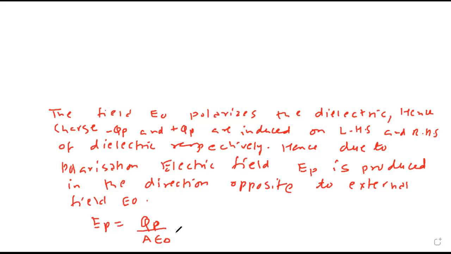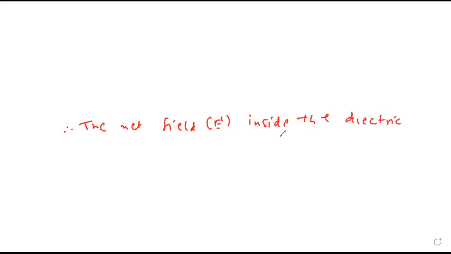Therefore, the net field E dash inside the dielectric is E naught minus EP.